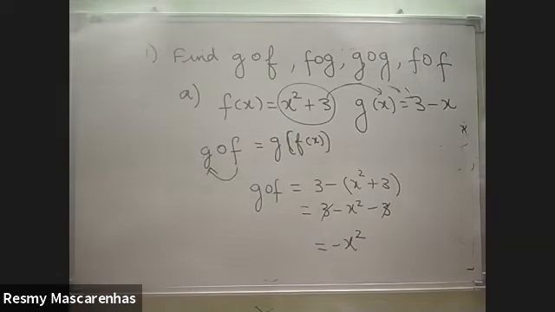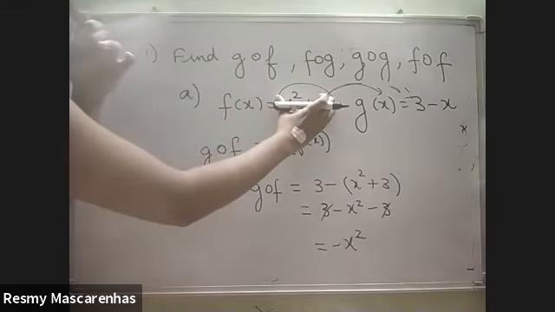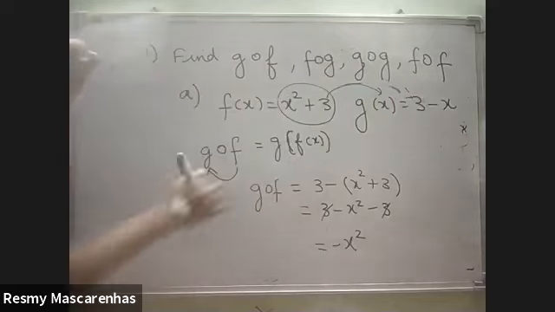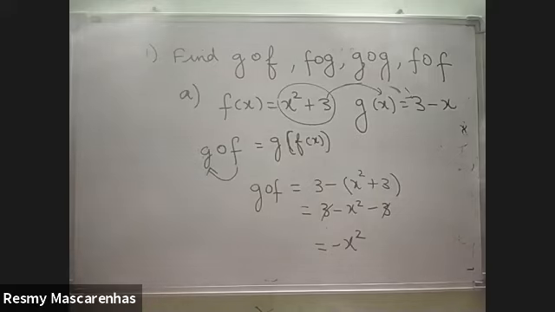Those who have not understood, then we'll try to find FOG, then you see, so you're having still some doubts. So whatever you are substituting, the whole function you have to substitute in G, because F we have to substitute in G. So this is finding GOF. Now we'll try to find FOG.